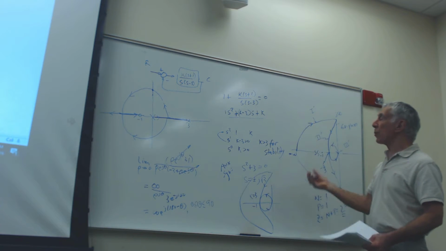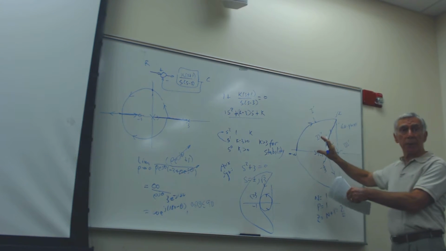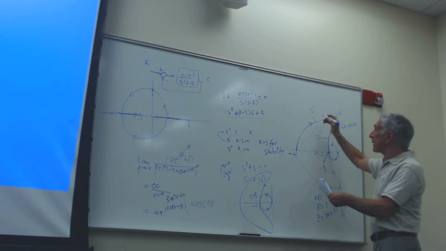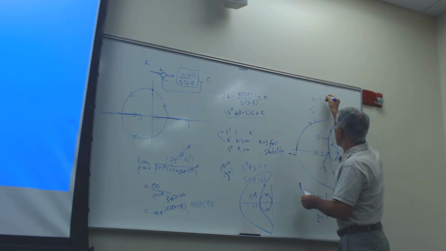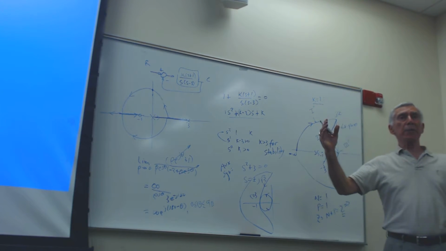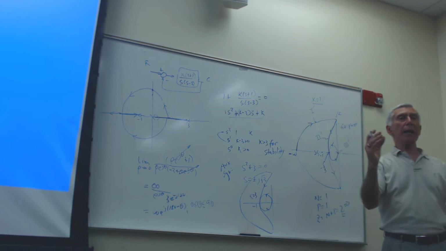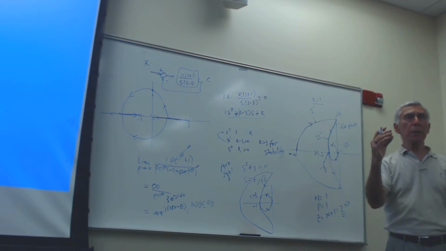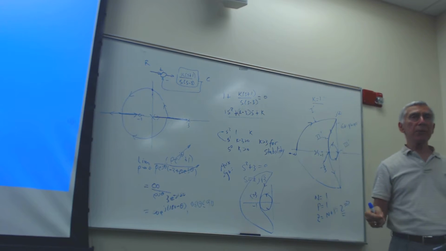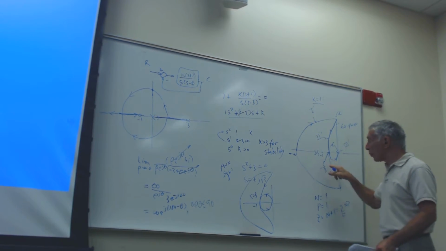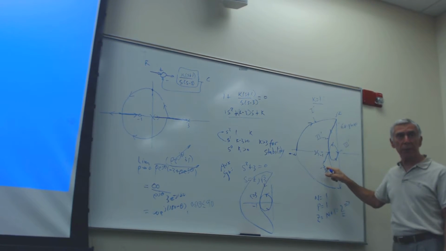If K is equal to 1, that's what we have here, right? We drew this Nyquist diagram for the case where K was equal to 1. If K equals 1, all that does is compress the diagram, right? From K equal to 3 to K equal to 1, it compresses it by a factor of 3. And therefore, this point right here will indeed be minus 1/3.